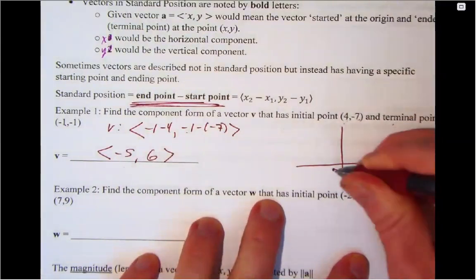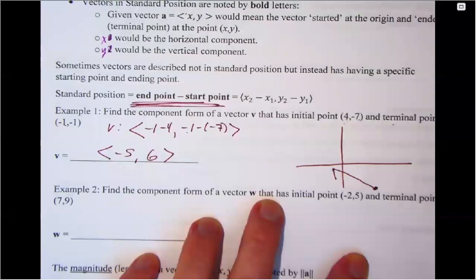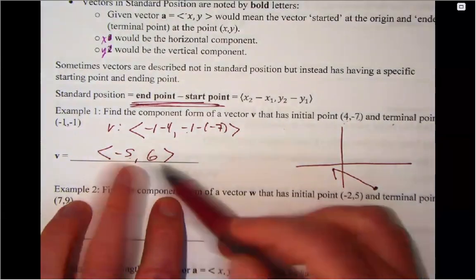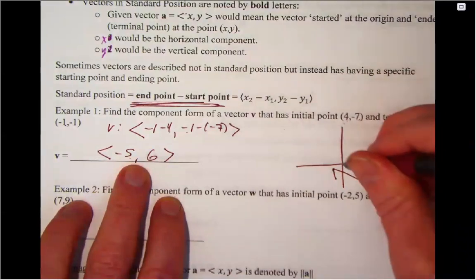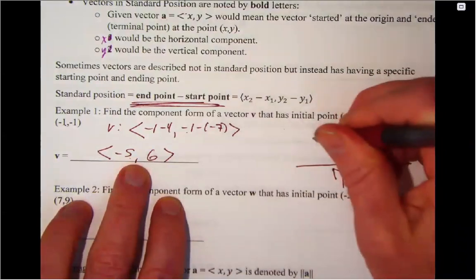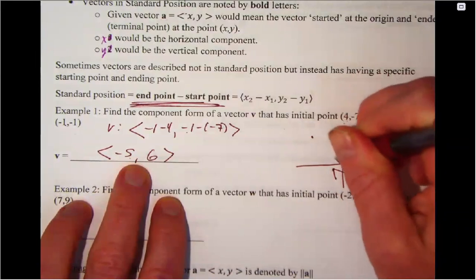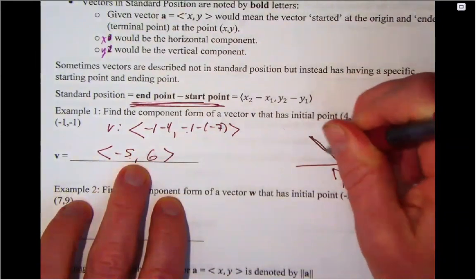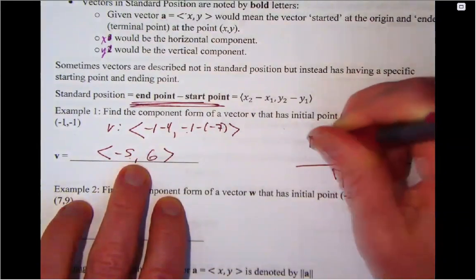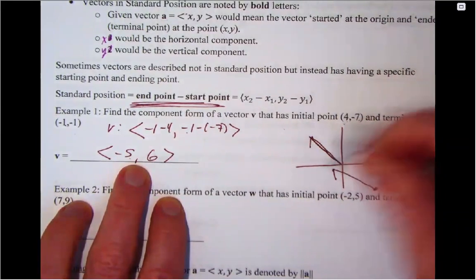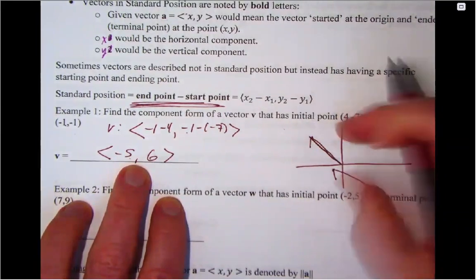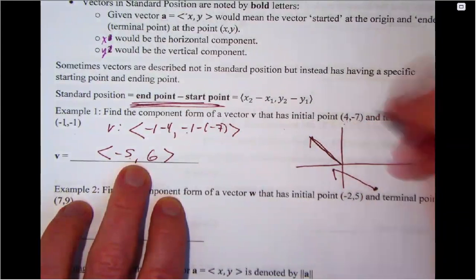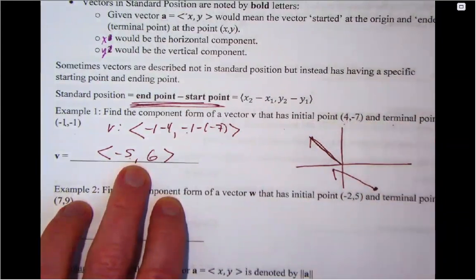So it goes from here to here. There's my direction, little arrowhead. But now if I move this to -5, 6, again, from the origin, -5, 6, it's like up here. So that vector, and again, pardon my gross sketch of this, but these are the same vectors. They're just now in standard position, which is what we want.